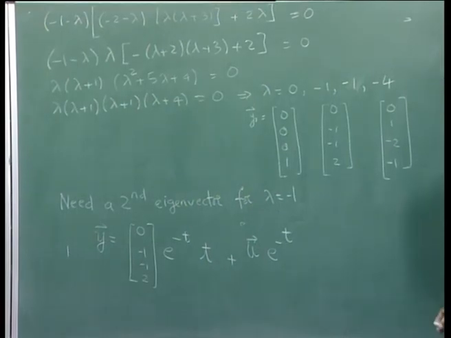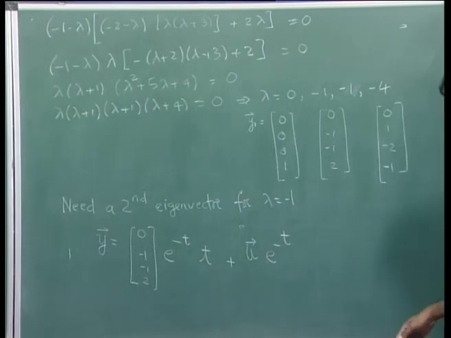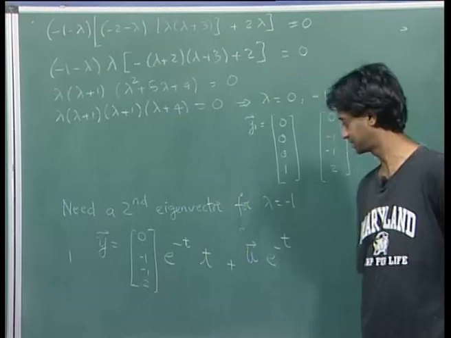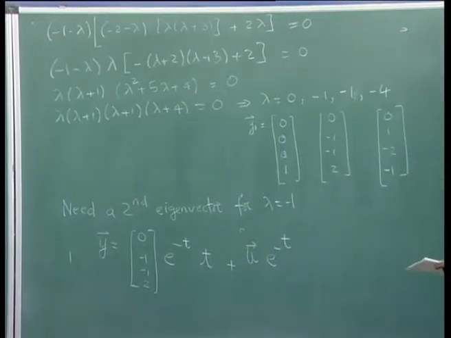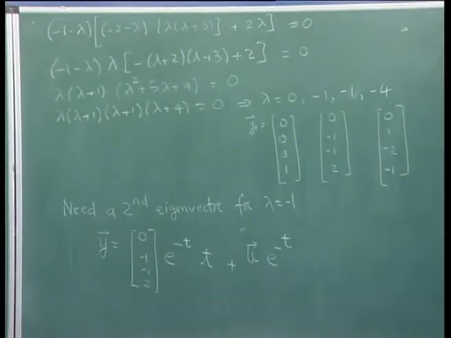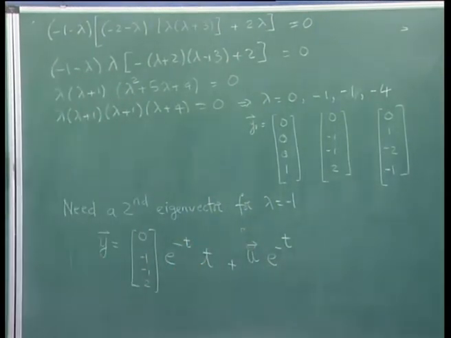It's like when you have one solution and you want to find a second linearly independent solution, then you multiply it by x. So it's in a very similar vein. We'll use this as a trial second solution. Now the only unknown here is u. Okay, so we need to determine u.